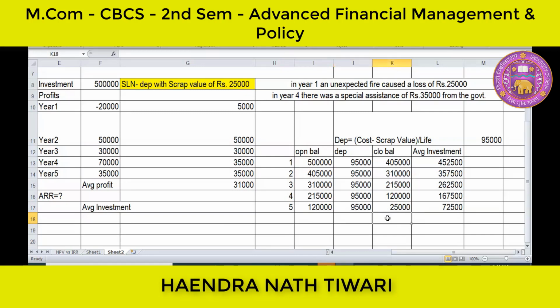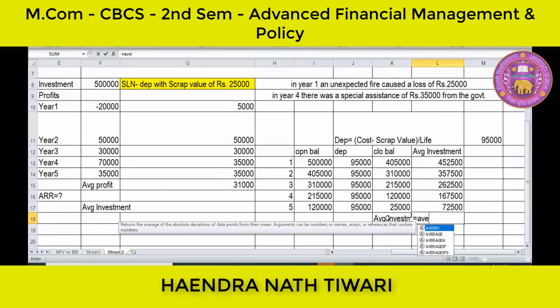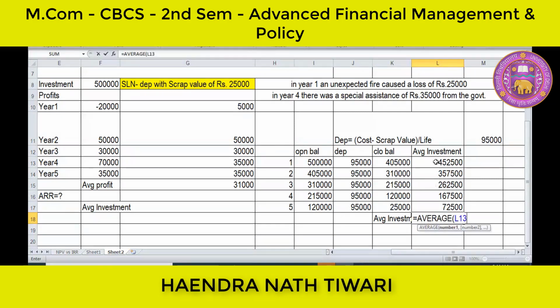What is your average investment? It is the average of these annual averages, that's 2,62,500. There is no need to make it so long.